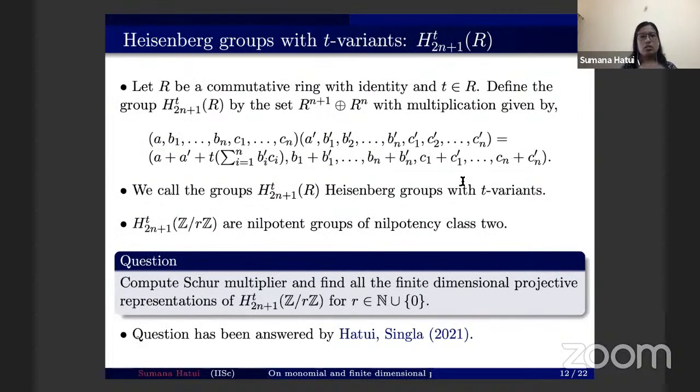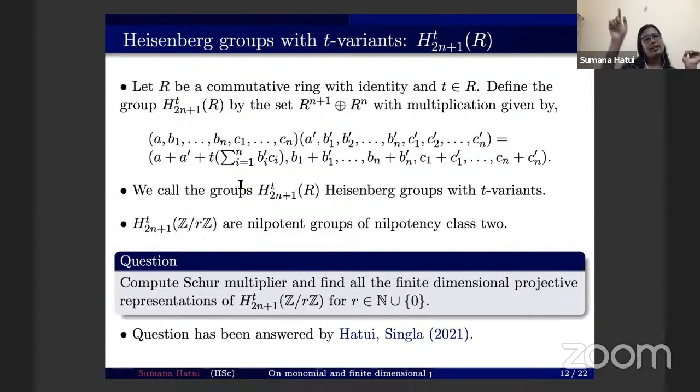Okay, so first we will discuss the Heisenberg groups with T variants. This is a little bit of a generalization of Heisenberg groups. R is a commutative ring with identity and T is an element of R. Then you define this group by this set, and you define the multiplication by this T and this. You can think of these as 2n plus 1 cross 2n plus 1 matrices.